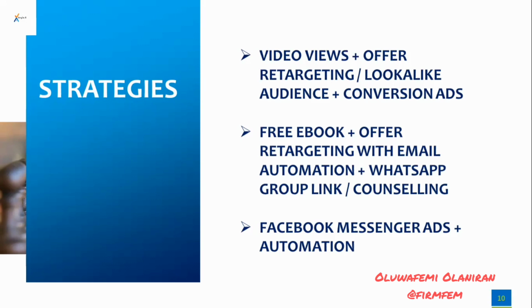There are different email automation tools that you can use, like MailChimp, like Aweber, and many more, to create autoresponders, emails that go out at intervals to interact with your audience. And you can have a link in the emails you send for them to join you in a group, probably a WhatsApp group that you have created for more information or for counseling, depending on the kind of service that you're rendering.